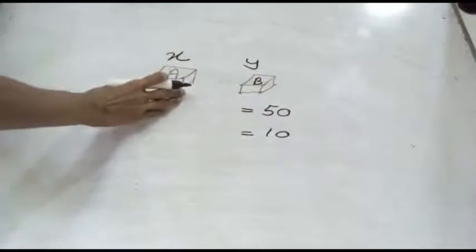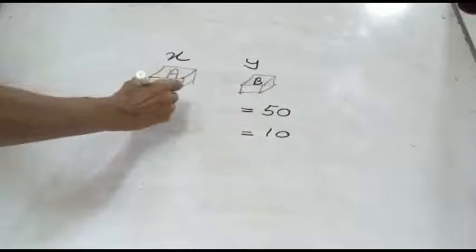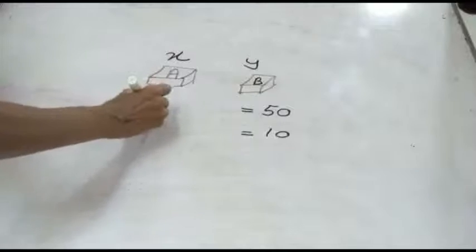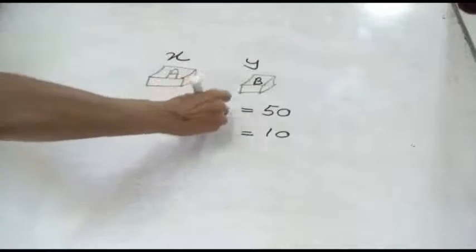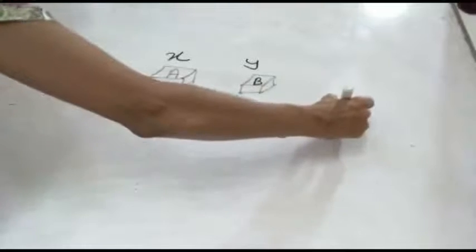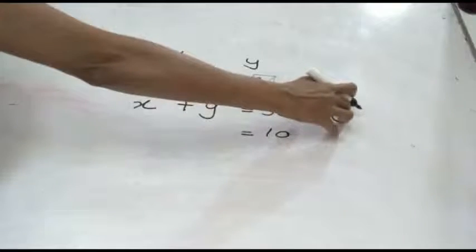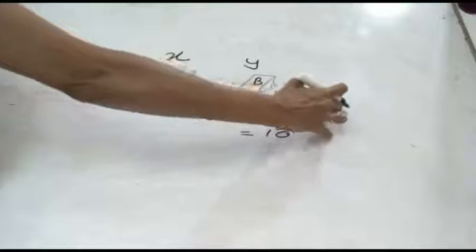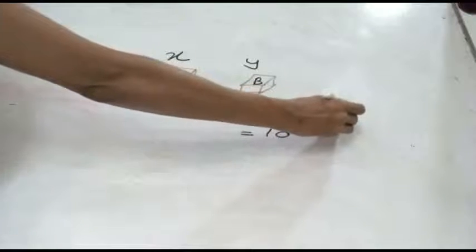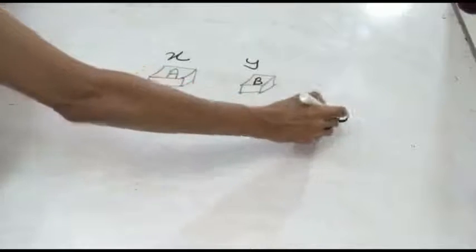The addition of the masses of these parcels is 50 kilograms, so x plus y is equal to 50. We name this equation as 1 and draw a small circle around it. It indicates the first equation.